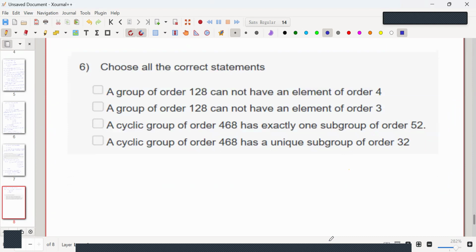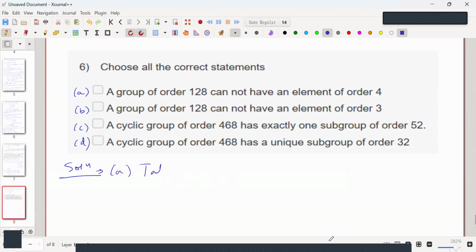A group of order 128 cannot have an element of order 4. Not true. Why? Consider Z128. What will be the element of order 4?